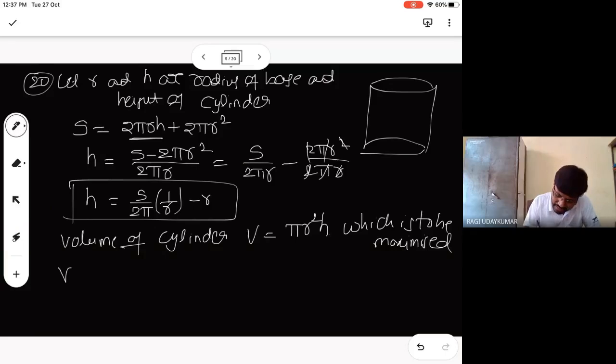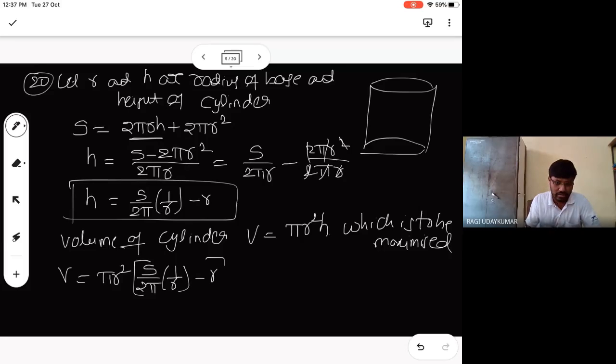Now V is equal to pi r square into h. Substitute this value in place of h: S by 2 pi into 1 by r minus r. Simplify this. The pi and r will get cancelled, giving pi s by 2 into r minus pi r cube.